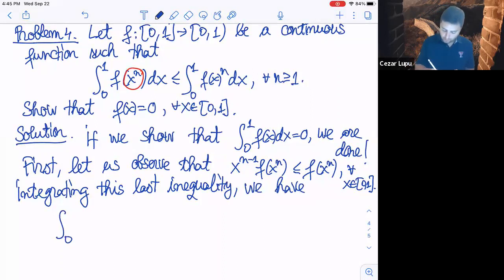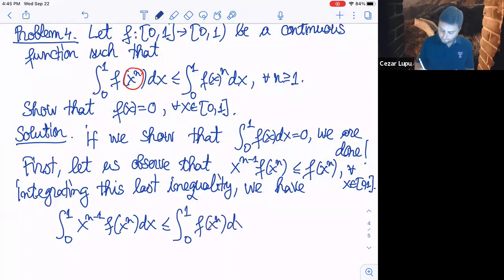We have that the integral from 0 to 1 of x to the power n minus 1 times f of x to the n dx is less or equal than this integral. All right, beautiful. But the funny thing, now we use the hypothesis, this will be less or equal than the integral of f of x, everything to the power n, dx.